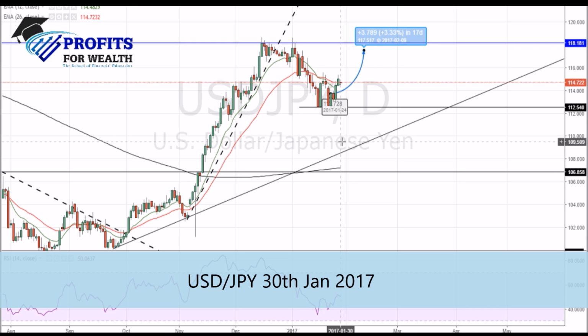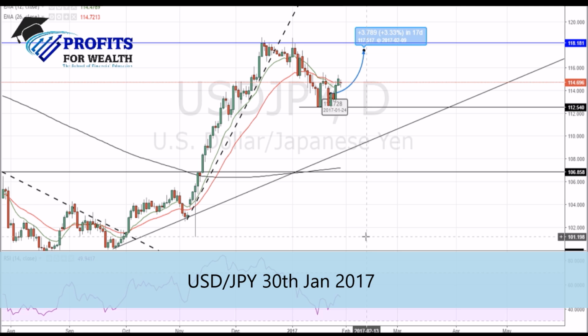What exactly happened is the bounce from that price on Tuesday, the 24th of January 2017, and after that we got a bullish signal.